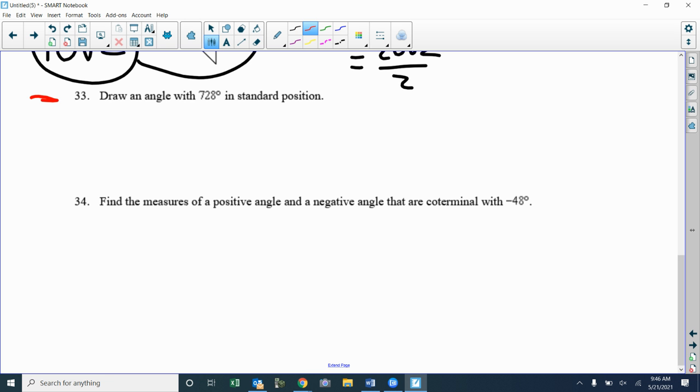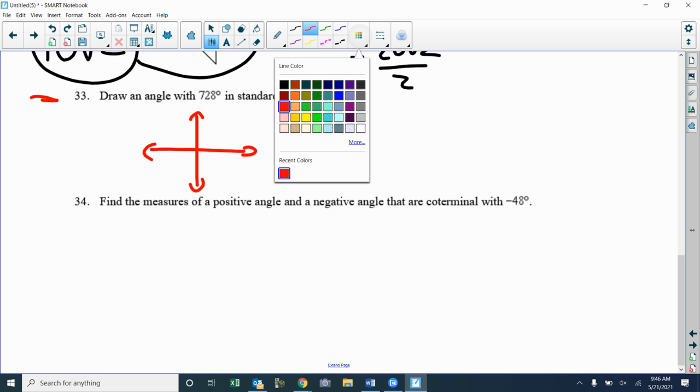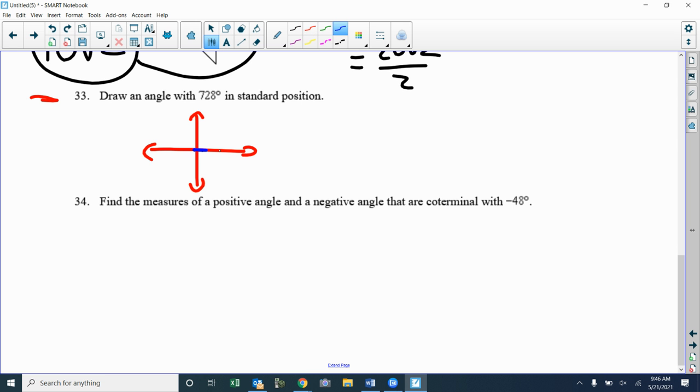Okay, so we'll put a circle around it if you want, but I'm going to start on the initial. That'd be 360. That'd be 720. So just a little bit up in there. And that would be it. Your reference angle would be 8 degrees there if you were thinking about referencing.